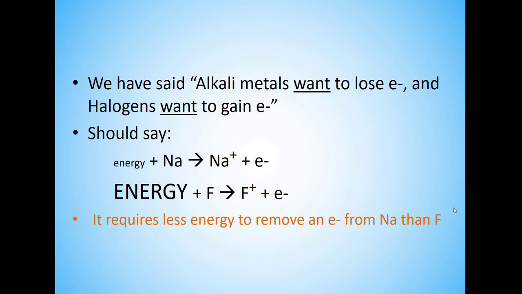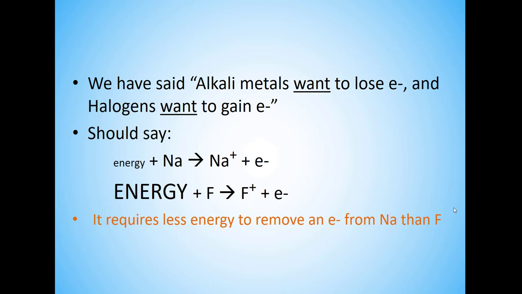All right, a lot of times we say things like, oh, that atom wants to gain an electron, or that atom wants to lose an electron. That is not what's happening. Instead, we should say just a little tiny bit of energy given to sodium and it can lose electrons. We can also say that if you give a lot of energy to fluorine, then it can lose electrons also.